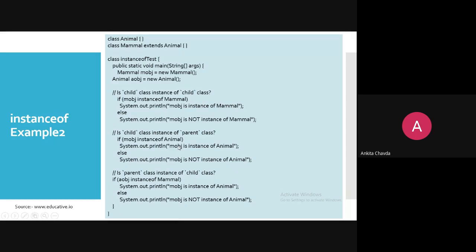So that is correct. But now we are trying the reverse, that is, parent class is an instance of child class. So I am checking whether the a object is an instance of Mammal or not. It will go to this else part because that is not true. Clear this thing?